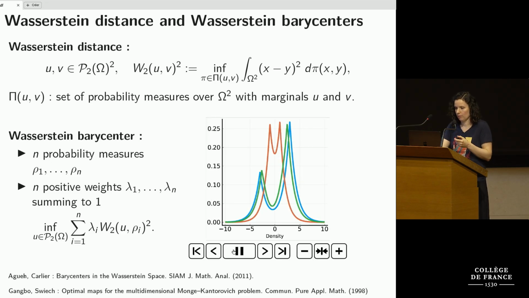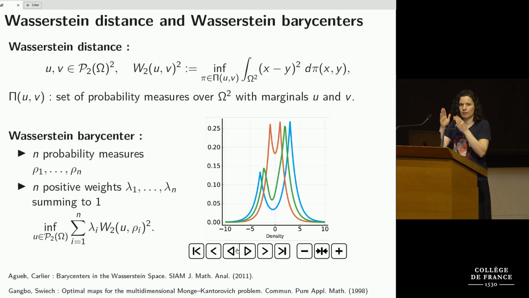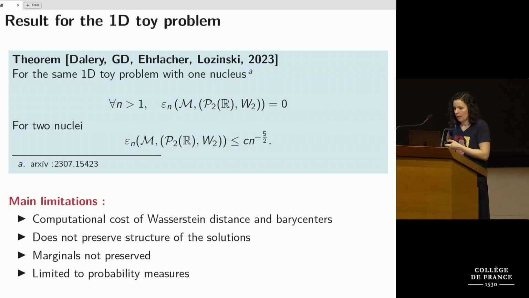So somehow the mass of the solution seems to be located close to the nuclei as expected. Theoretically, due to this translation property, we very easily obtain that the nonlinear Kolmogorov n-width in this setting is 0 when we have more than one solution.